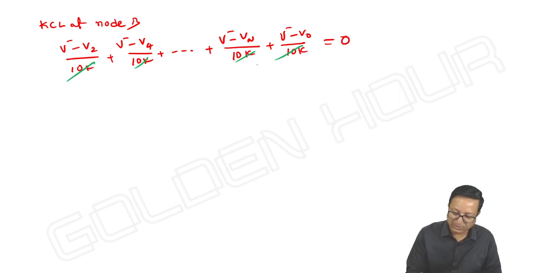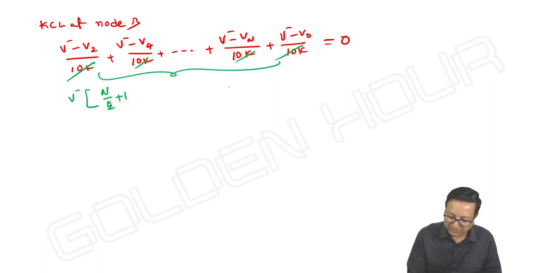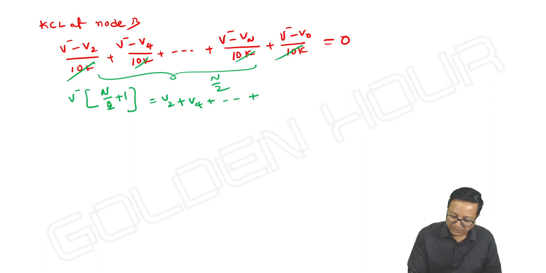So I can cancel all 10k's. Further, V minus into, here also they are n by 2 plus 1. These are all n by 2, and it is 1, is equal to V2 plus V4 plus so on plus Vn plus V output.